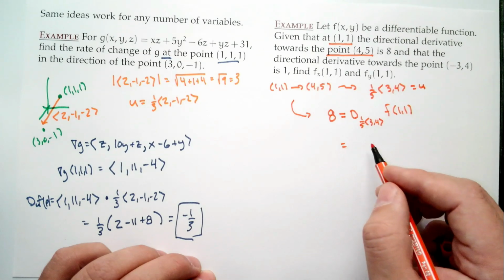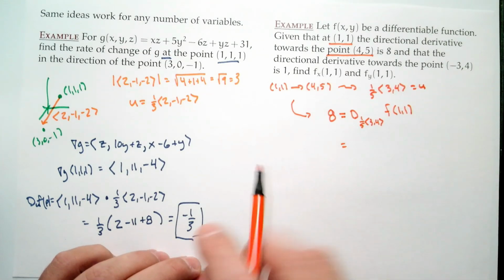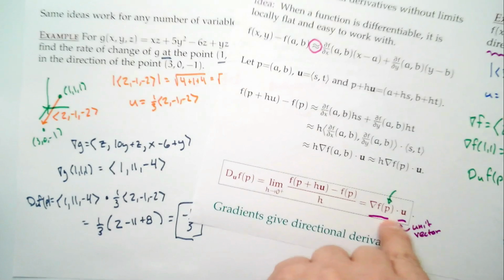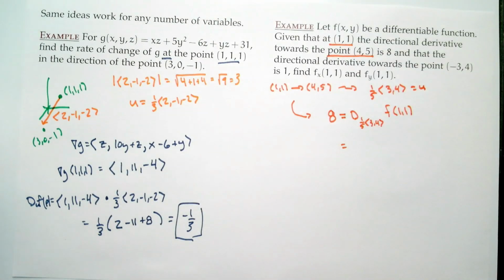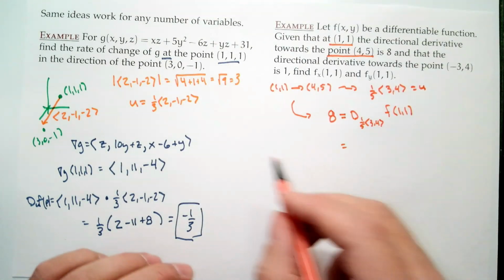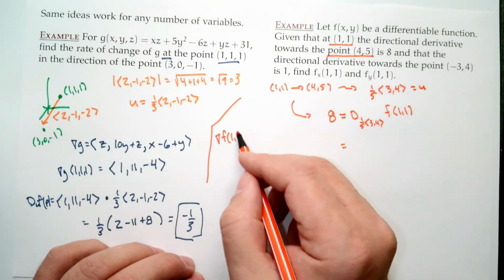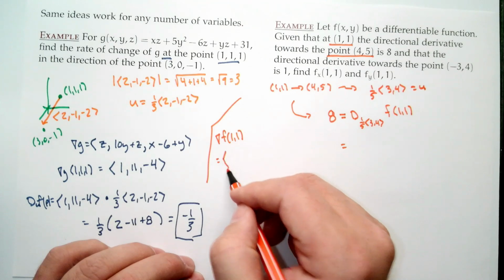So according to the formula, that equals the gradient. Where's the formula? It's on the other page. The formula says you put in the gradient of f dot u. So what's the gradient of f at (1, 1)?